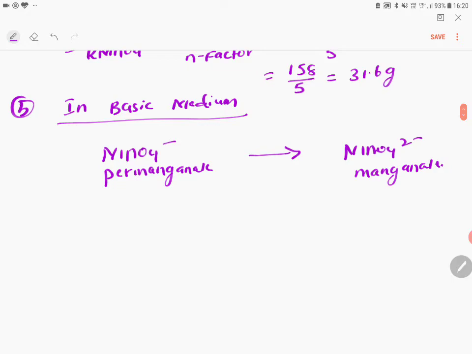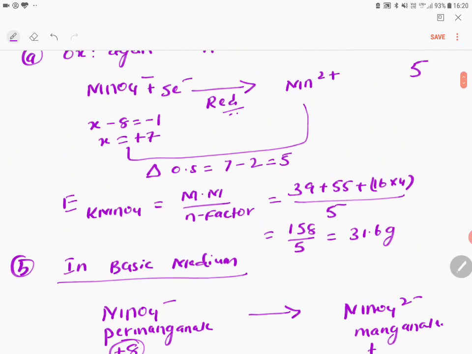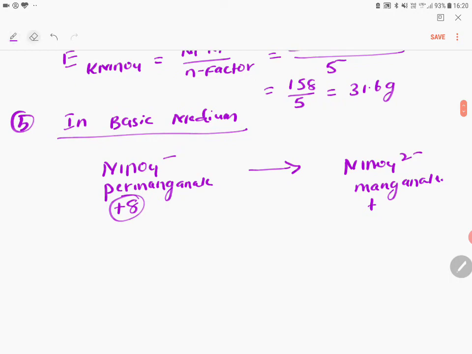So here, the oxidation state of manganese in permanganate is +7. I'm sorry, kindly excuse me. Here, if you calculate the oxidation state in manganate, you will get +6.